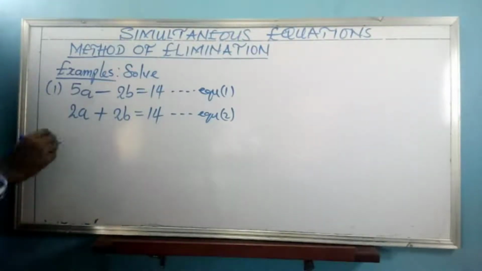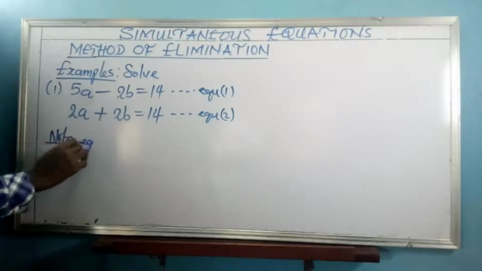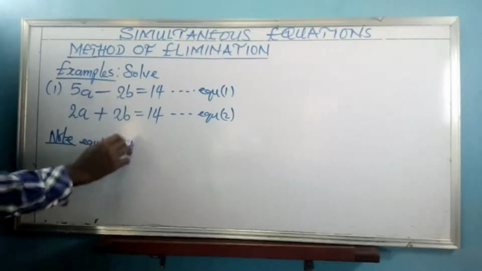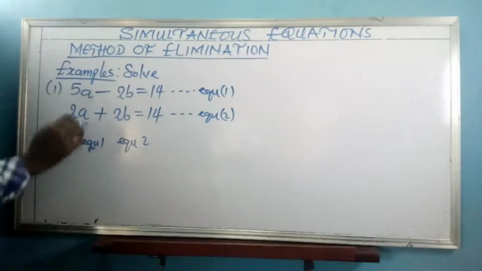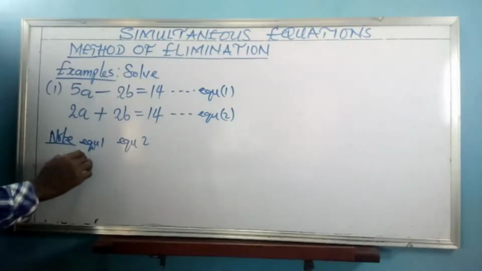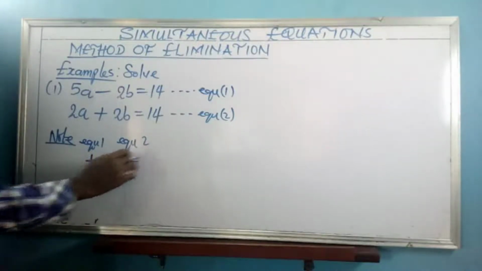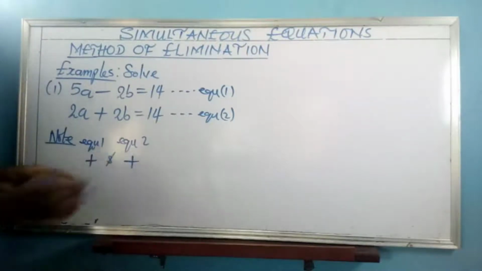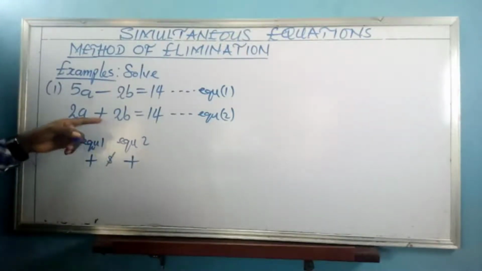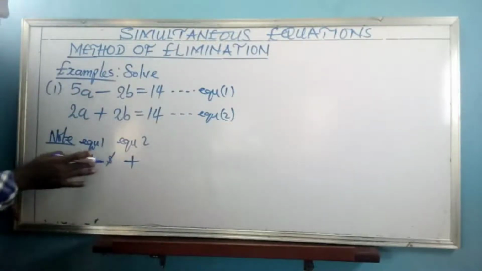Now look at this one. Let me write a note like this. If you have equation 1 and equation 2, what you want to eliminate, if you have positive in front of it in equation 1, and in equation 2 as we have it here.